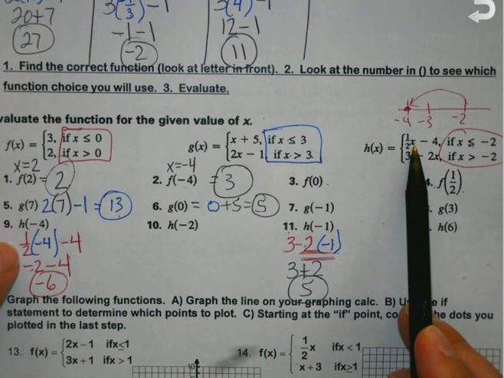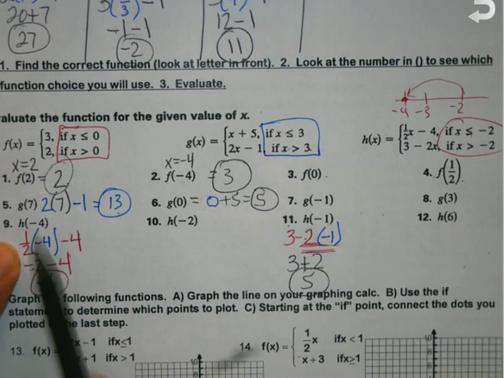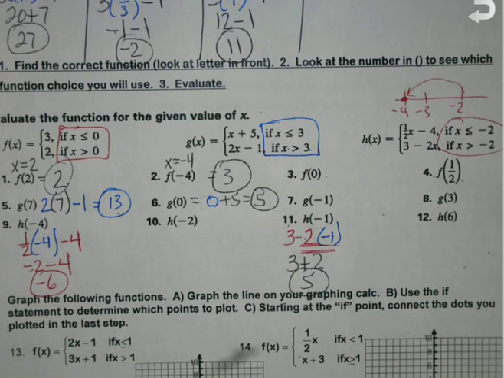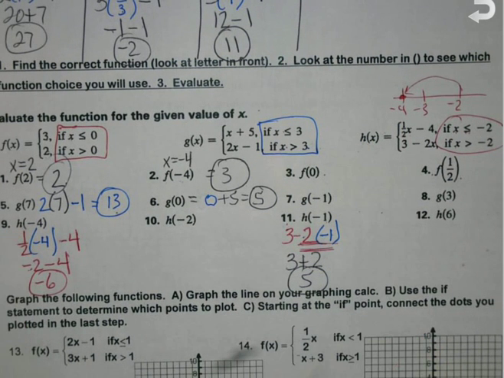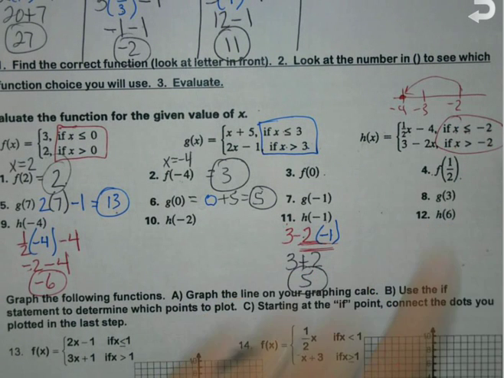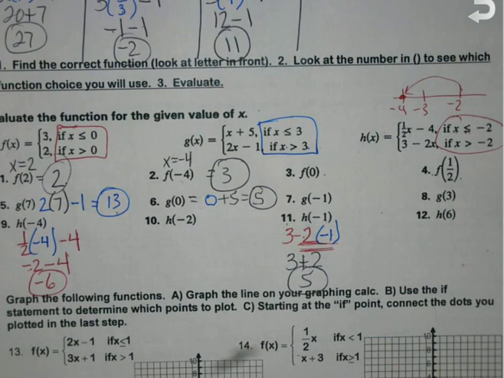Oh, number 9's for that one? Yeah, because it's h. My h function on that one. I've just been going the ones that are good. Gotcha. Yeah, the letters, we got to make sure the letters in front match up to the functions. Is 12 negative 9? Would 12 be negative 9? Let's see. 6 would be greater than negative 2. Yes, it would be. All right, so graphing.